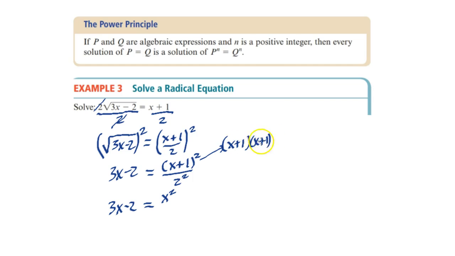If you were to multiply this out, you would get x squared plus 2x plus 1 when you simplify it. And that's divided by 2 squared, which is 4.